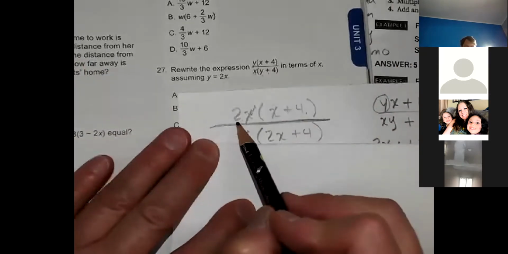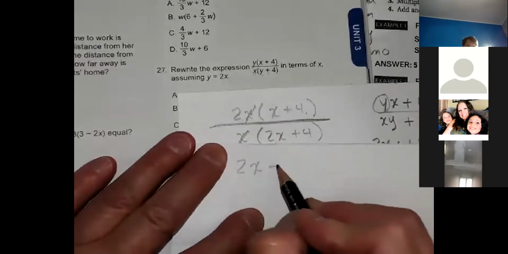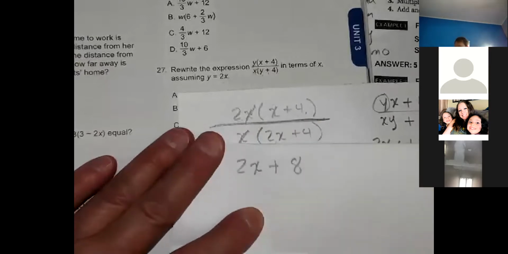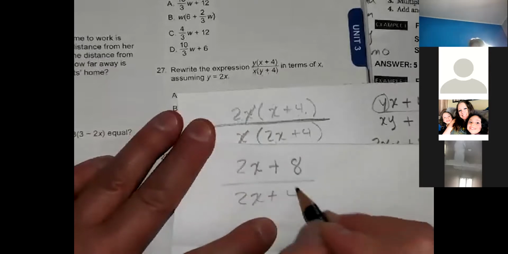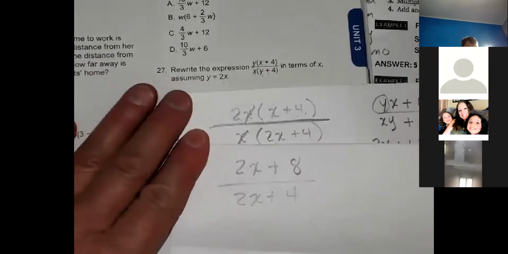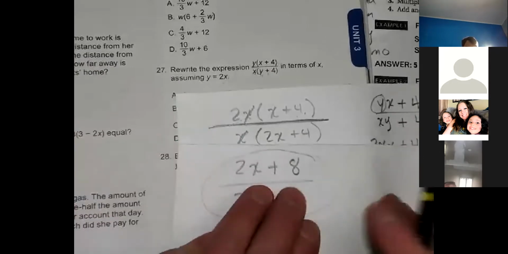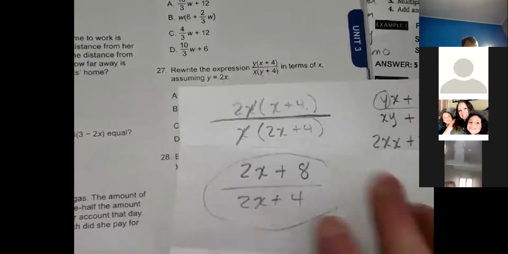Because when I distribute, it's 2 times x is 2x plus 2 times 4 is 8. Oh, no. I don't know, maybe there's no way. I think there's no way to avoid factoring at this point, from what I'm seeing here. I can still simplify all of this, but that puts it back to where it was.